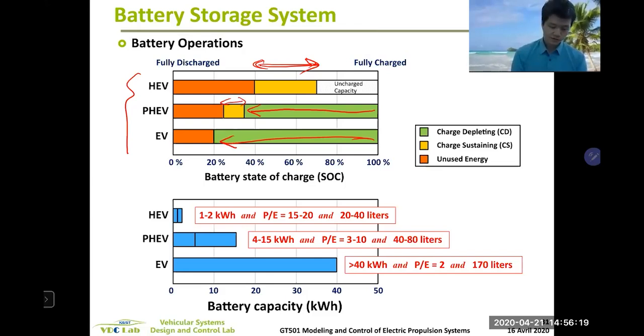So this is the hybrid mode, and this is EV mode, okay? And this one compares the size of the battery for different levels of electrification, okay?